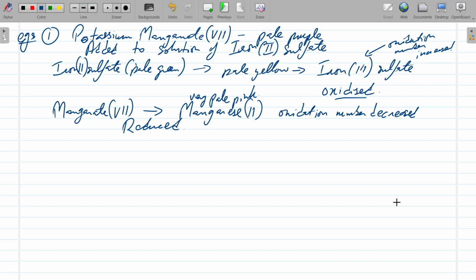And then they also talk about oxidizing agent and reducing agent. Remember what those are? What's an oxidizing agent?